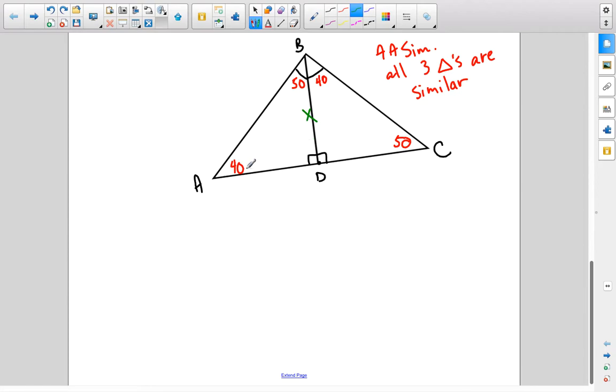Let's say I already have A to D. And since I know A to D, and I'm just making these numbers up, folks, I know that this is, let's say, don't want to make it too hard, 16. And I know D to C is 9. And I want to find the length of the altitude. This is how I can set it up. It's so easy. When I'm looking for the altitude, I need these 2 parts. 16 over x equals x over 9.